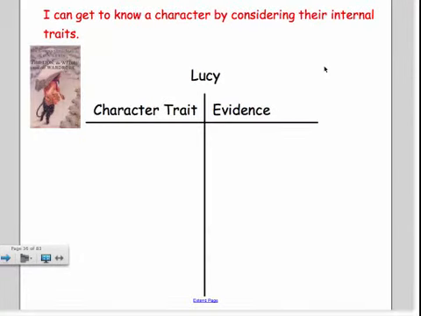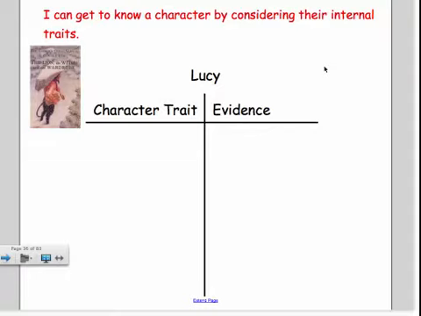So what I'm going to ask you to do now is to make one more T-chart for today. And this time you're going to consider character traits for Lucy. So far in the story, I want you to think about what is true about her. What is a quality or a characteristic that we could give to Lucy? And then after you give that trait, then of course you're going to want to put down some evidence.